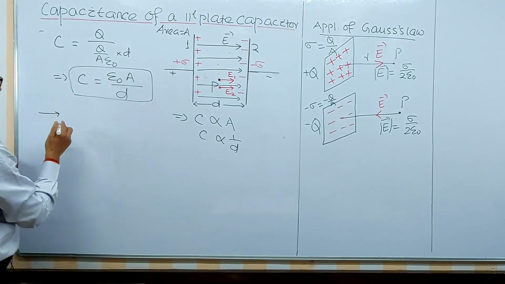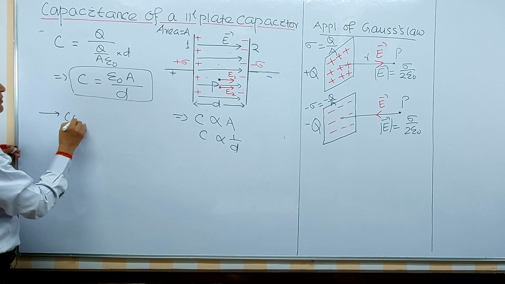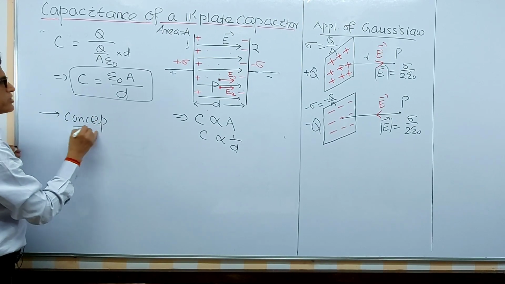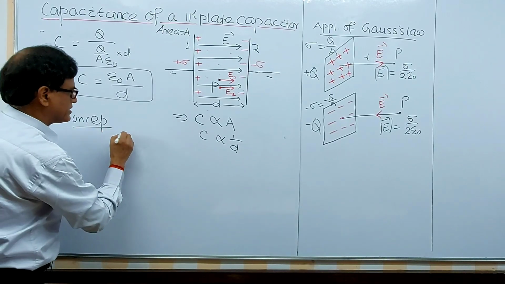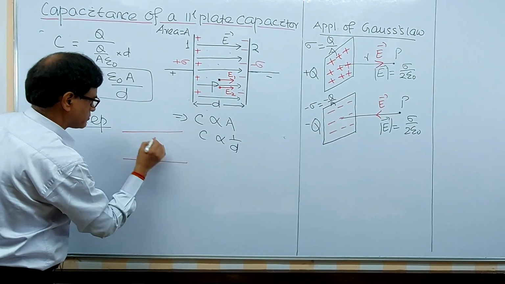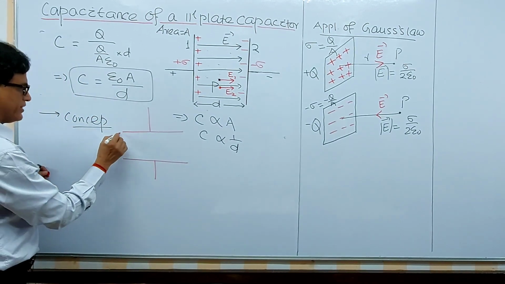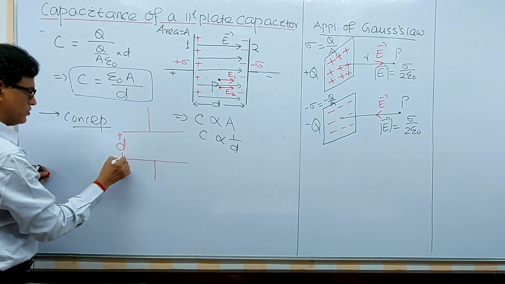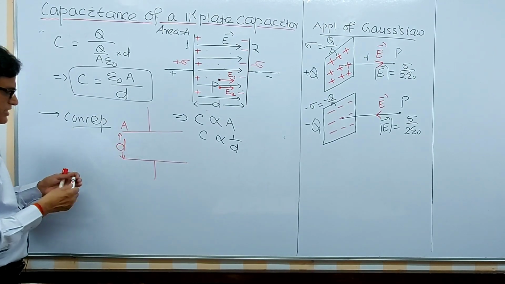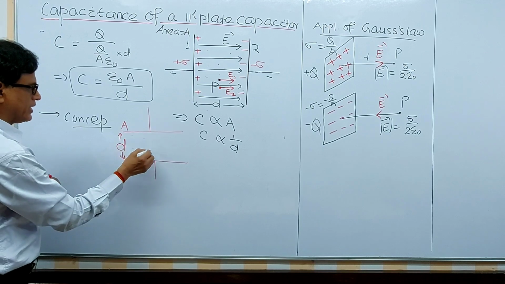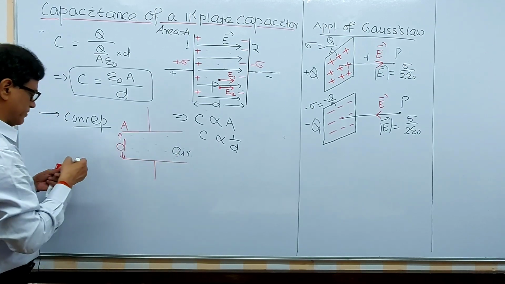Now here is a very important concept, and I think you shouldn't forget this. You will be asked a question. Say there is a capacitor, and we have taken the distance as D and the plate area as A. Now the intermediate space is air.